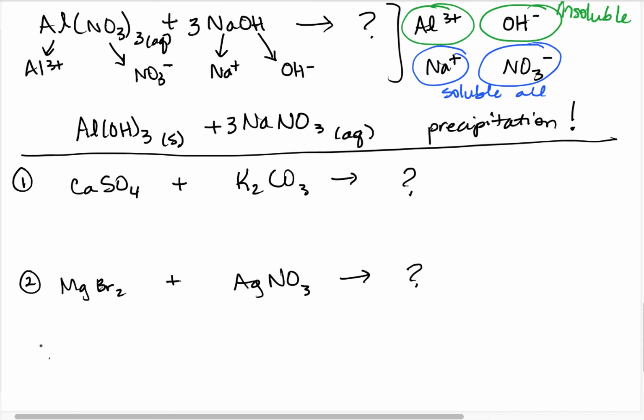So we'll say soluble or not. That's one of our things. We're going to add phases and we're going to balance if anything happens. Okay, so pause the video and give this a try, and then come back and we'll check our work.